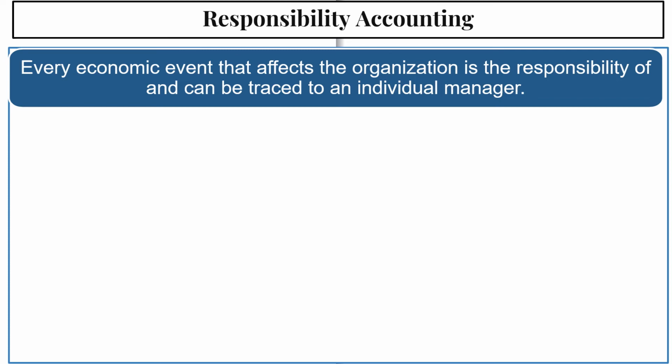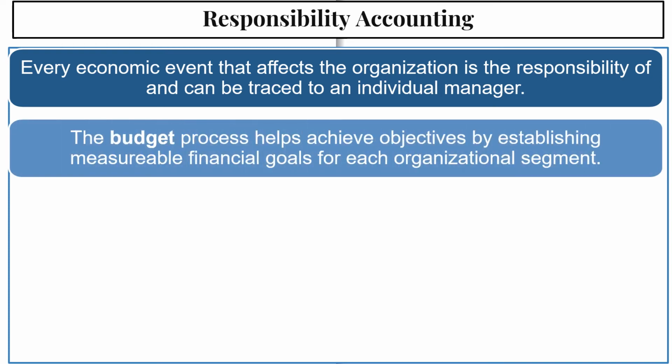Since he has the responsibility and the right to decide, if his decision carries any economic events, meaning value that may either generate income or create loss, we can trace that responsibility to that manager.